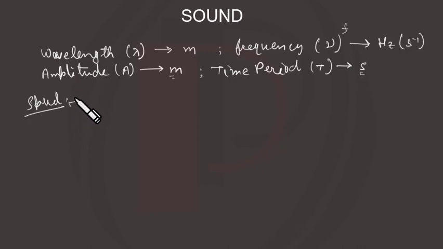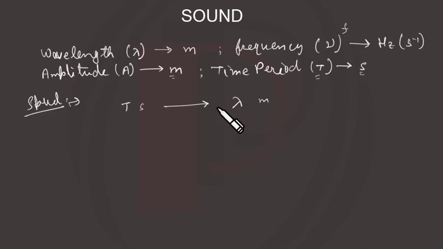Speed of sound. We know that the wavelength lambda is defined as the distance traveled by the sound wave for a complete vibration of the vibrating particle. That complete vibration takes time t, that's the time period, right? That means in time t seconds the wave goes a distance of lambda meter.